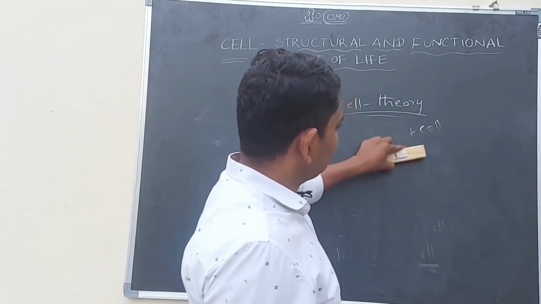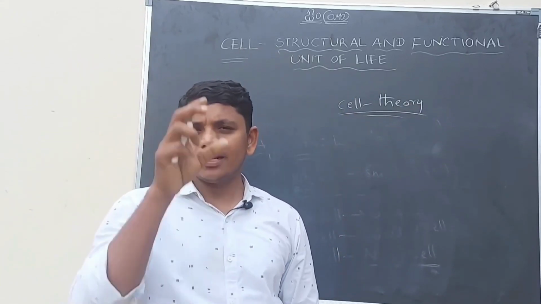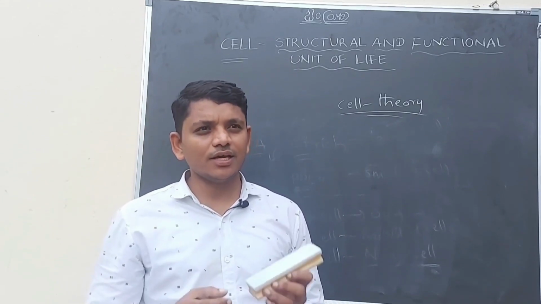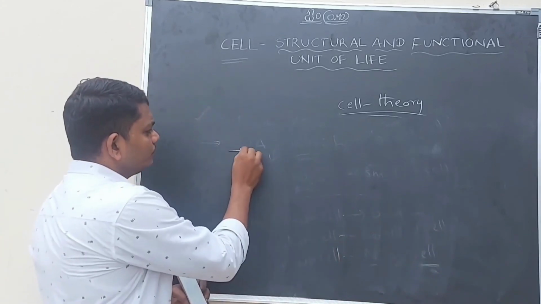You know, some cells are round, some cells are spherical, some cells are cylindrical, some cells are long and branched. Let us discuss about them.